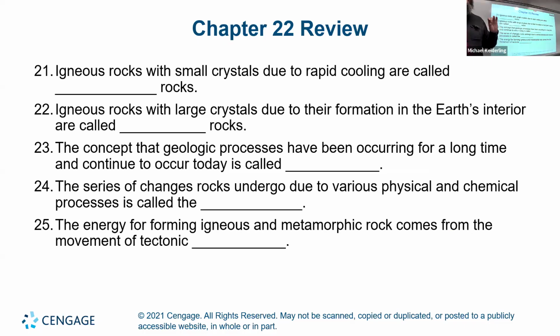Igneous rocks with small crystals due to rapid cooling are called extrusive rocks because they formed outside the Earth. Igneous rocks with large crystals due to their formation in the Earth's interior and their slow cooling are called intrusive rocks. The concept that geological processes have been occurring for a long time and continue to occur today is called uniformitarianism.